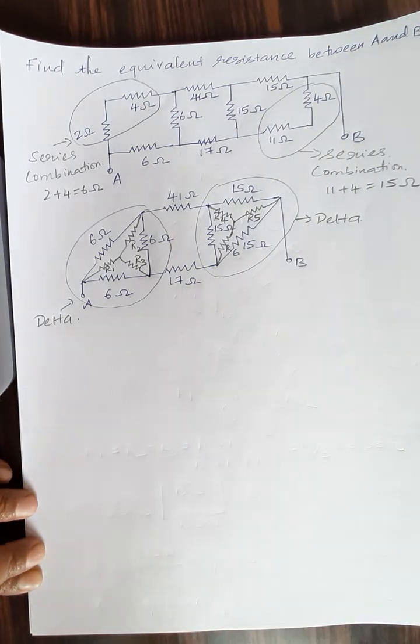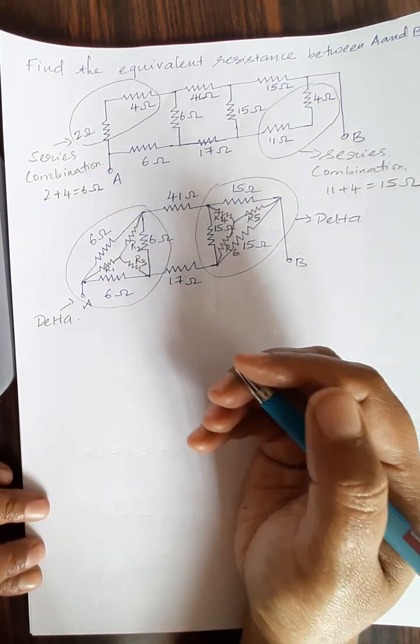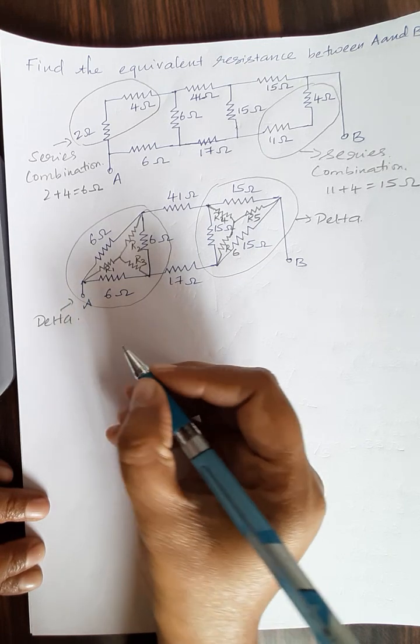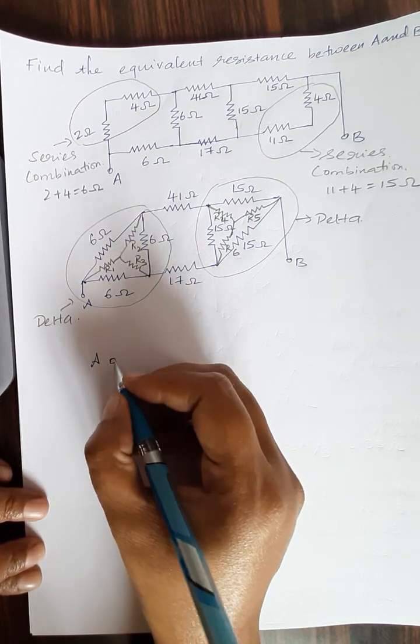Now if you again redraw the circuit by replacing the star connection, the circuit will become even more simpler. I will now just rewrite the circuit.